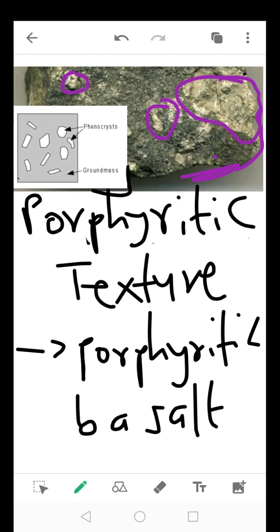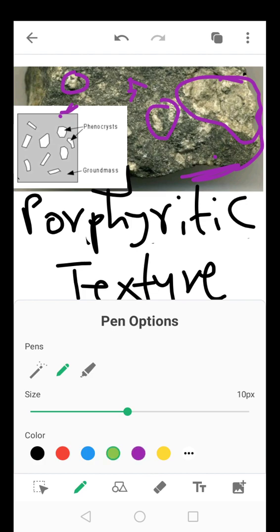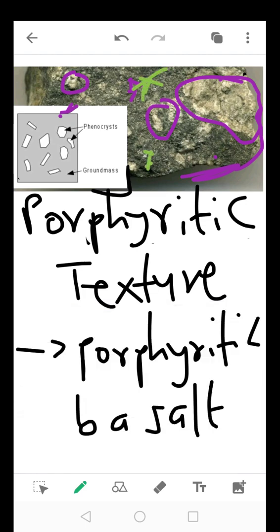In igneous petrology, these larger crystals are called phenocrysts, depicted on the diagram on your far left. So these are the phenocrysts, the larger crystals, and the smaller crystals, such as these ones, are called the groundmass. The groundmass is like the aphanitic, that usually you cannot identify them with your naked eyes.